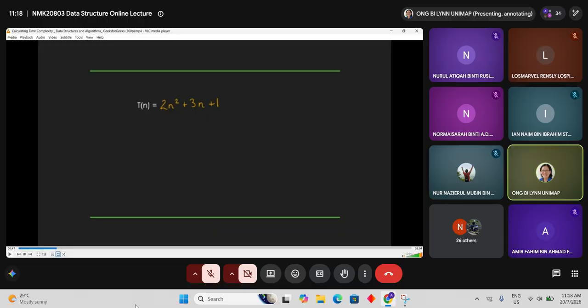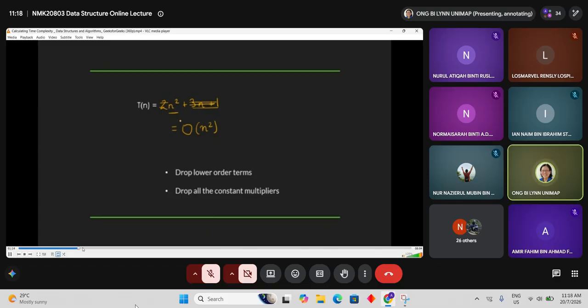So the answer for your big O notation will be big O of n squared. The first step is to drop the lower order terms, which are 3n plus 1 in this case. Next, we drop the constant, that is 2. So we get the time complexity as big O of n squared for this particular polynomial.